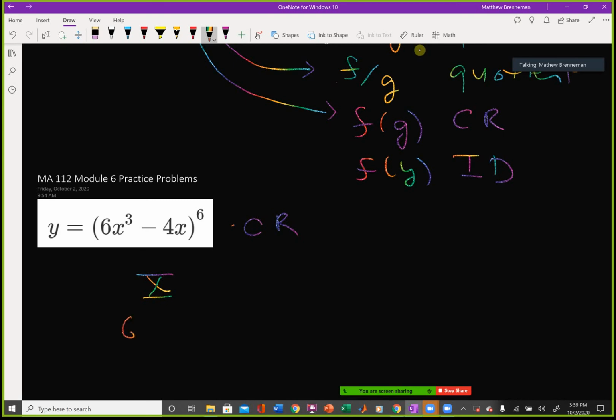So here it's going to be 6 times small x cubed minus 4 times small x. And then once I replace this inner function by the variable, I get the outside function, which is capital X to the 6.